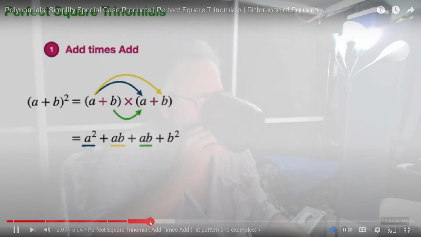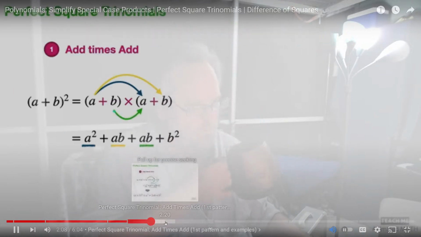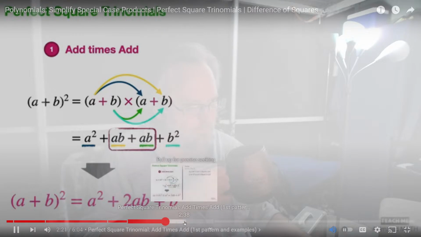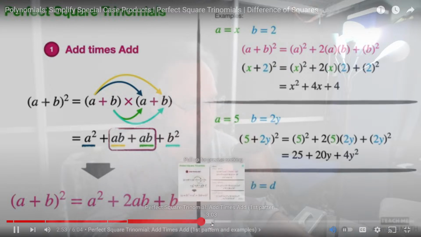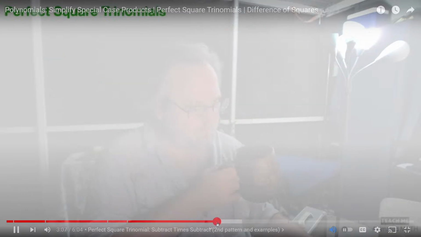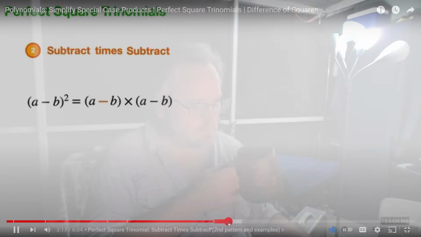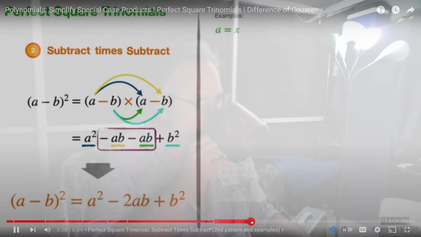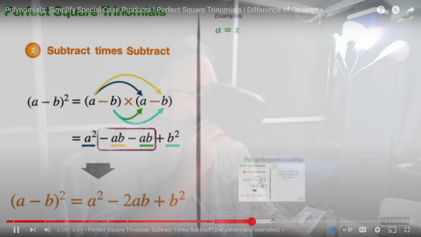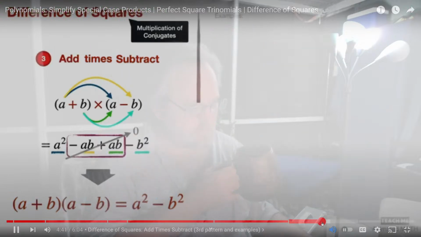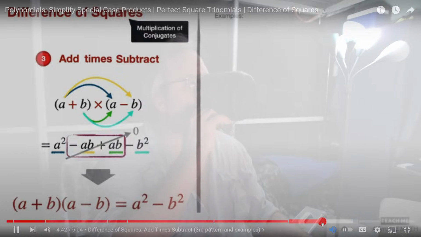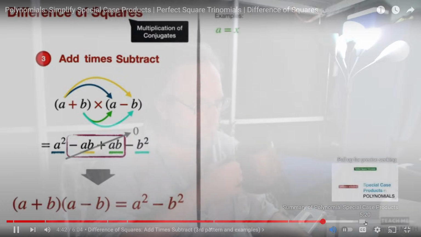So what are these polynomial patterns? These basic patterns for special case products are known as the perfect square trinomials and difference of squares. If your goal is just short-term benefits, then it is okay to just memorize these patterns, but if you're after excellence and long-term benefits, then you should understand how to recreate these patterns yourself.